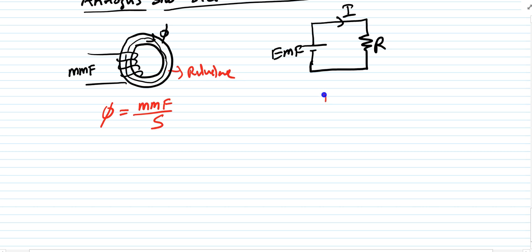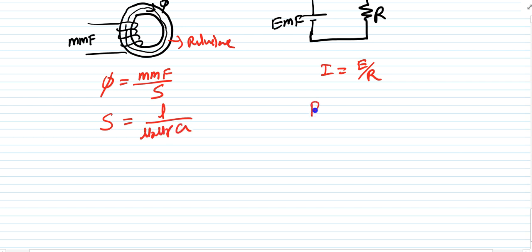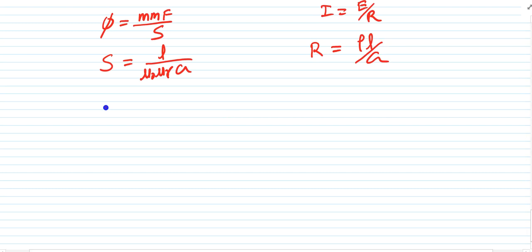Here, I is nothing but V by R or E by R. The reluctance S is length by mu naught mu r into cross section area, and R is rho L by A. Magnetic flux density is flux per unit area, whereas electrical current density is current per unit area.